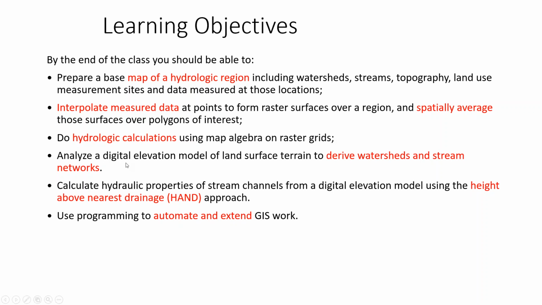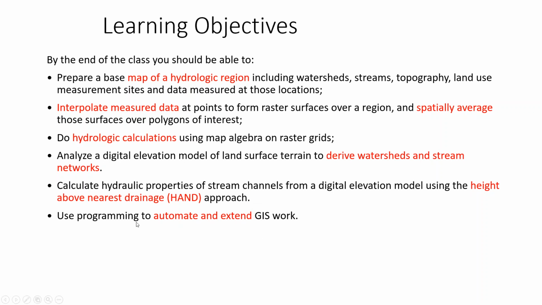in ArcGIS. Analyze a digital elevation model of the land surface to derive watersheds and stream networks. That's been a lot of my research over the years, and that'll be the third exercise. Calculate hydraulic properties of stream channels from a digital elevation model using the height above nearest drainage approach. This is a relatively new approach that we have developed, and the papers on that are just coming out.